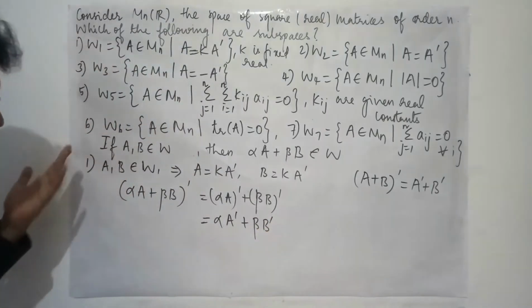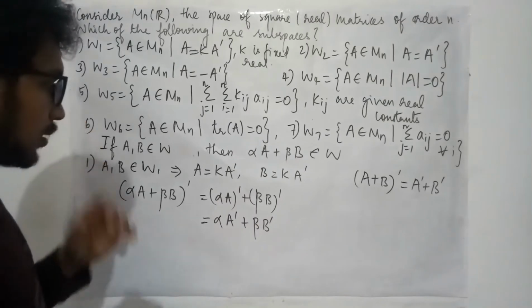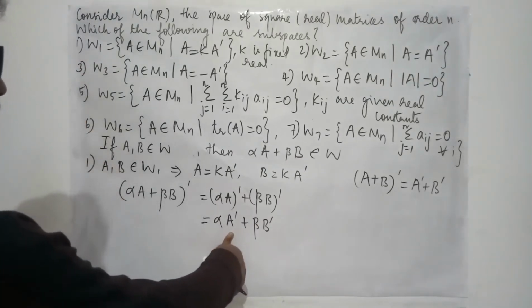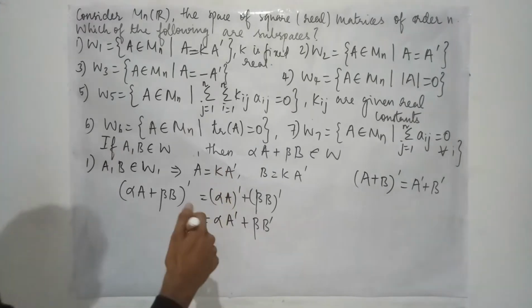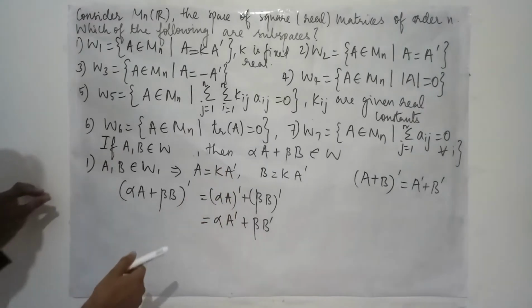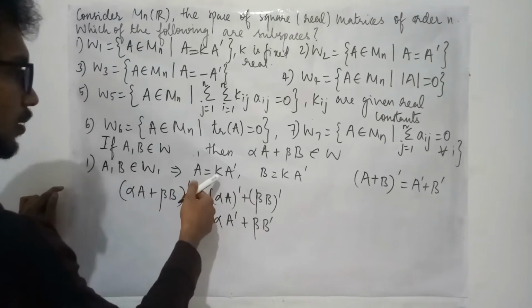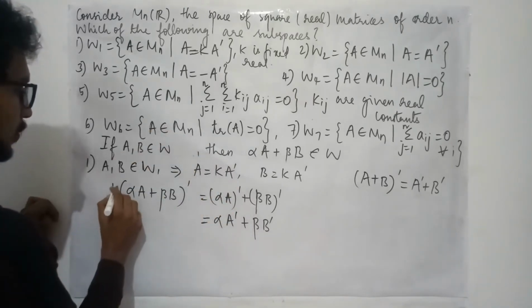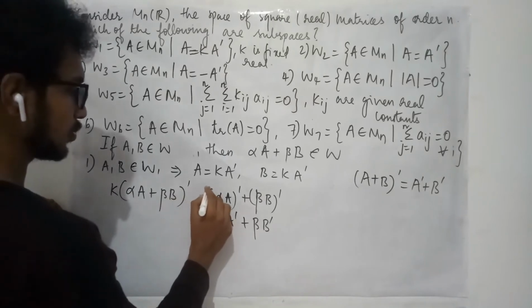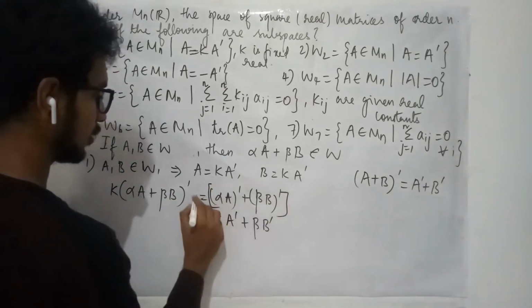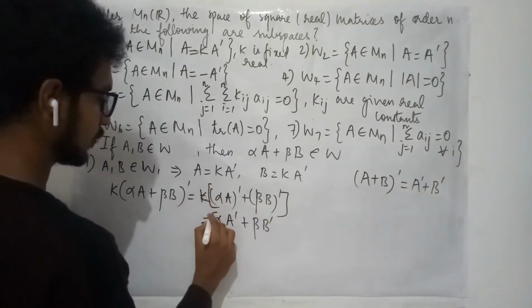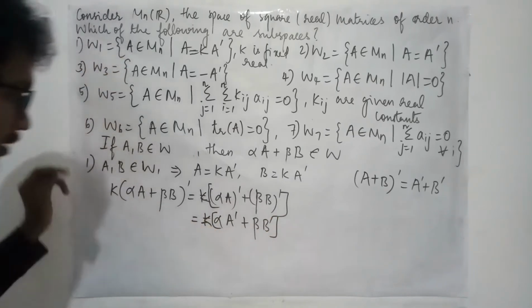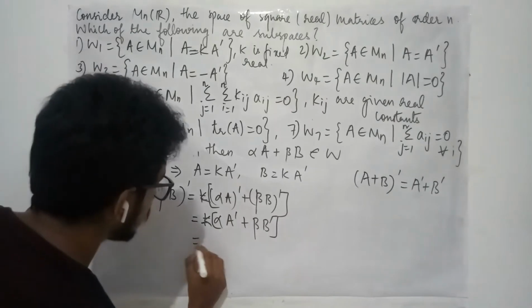So what do you actually get? We forgot to specify that A transpose is K times A, since it has to satisfy this condition.